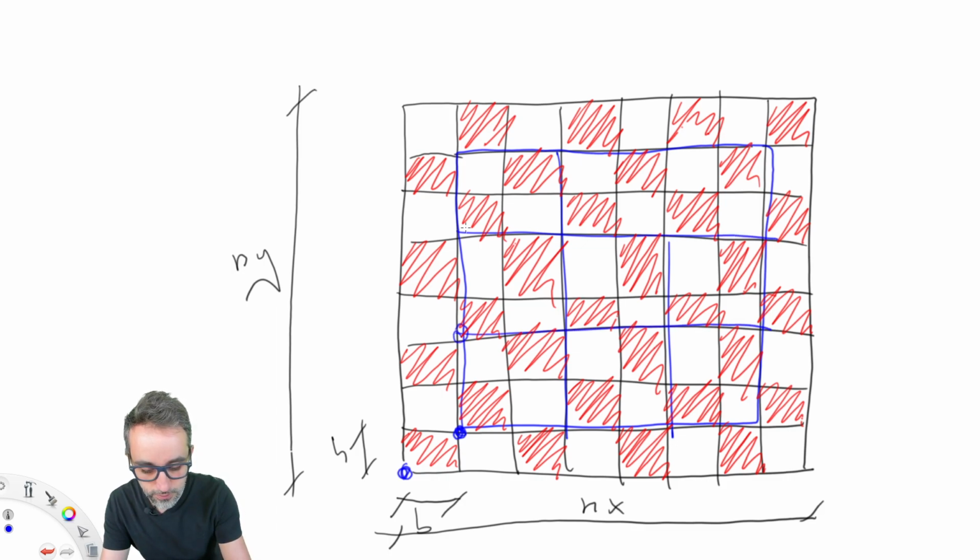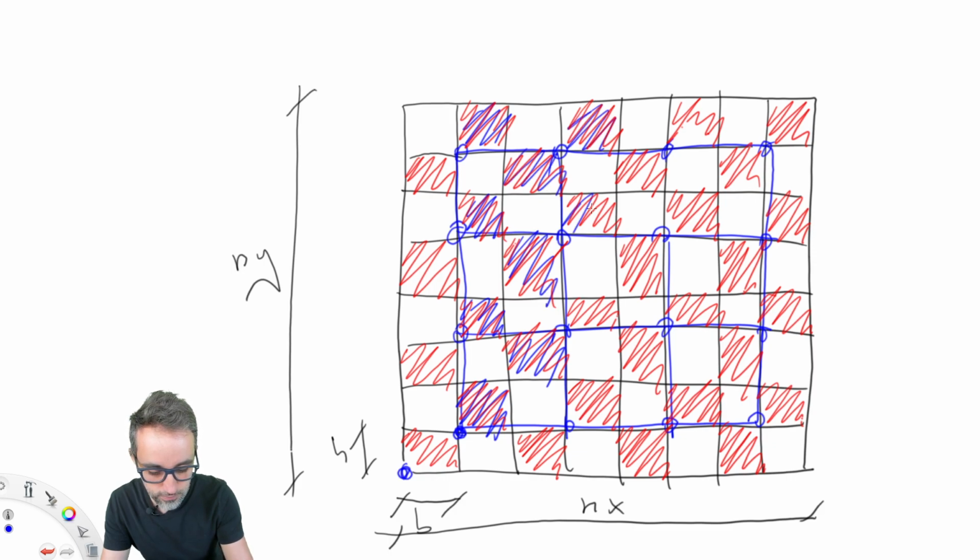And then I'm going to create all of these points. And then I'm going to be able to use those points to create this, this, this, this, and then this, and this, and this, and this, etc. You get what I'm going with this, okay?